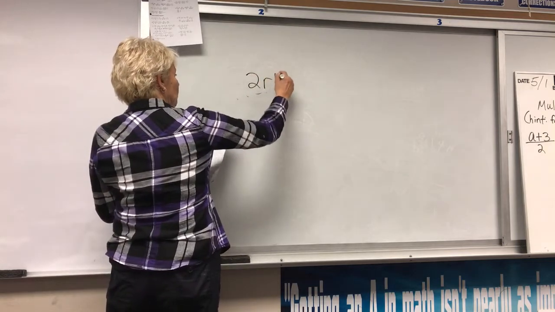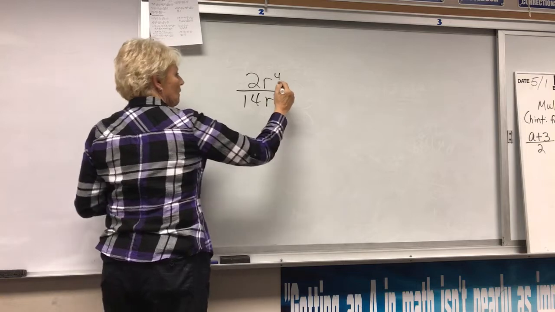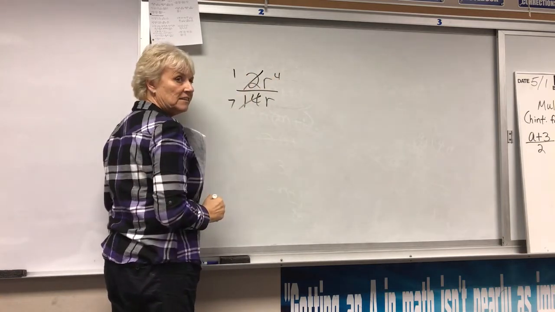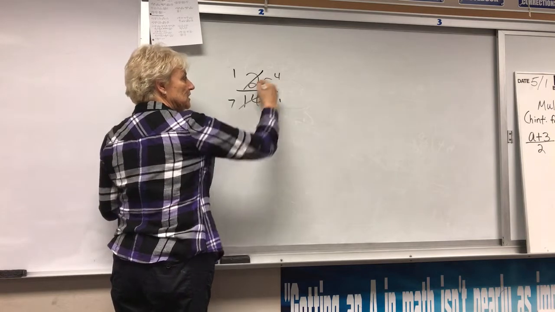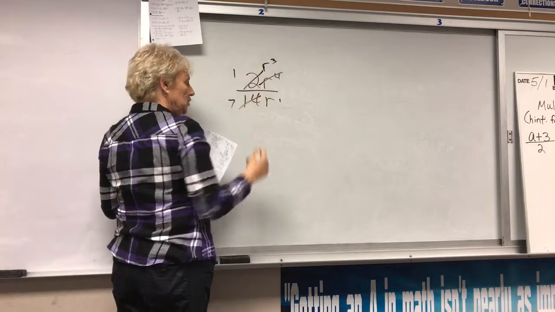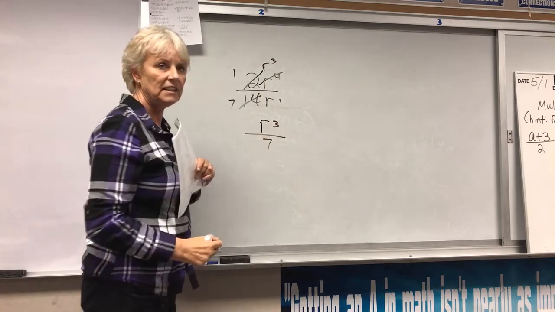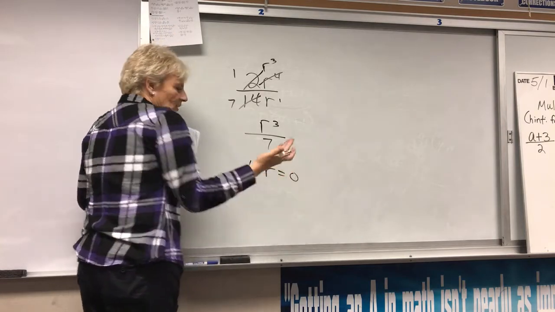7. 2r to the 4th over 14r. Okay? 2/14 is 1/7. R to the 4th and r to the 1st leaves me r cubed. So r cubed over 7 is simplified, and then it can only be 0.